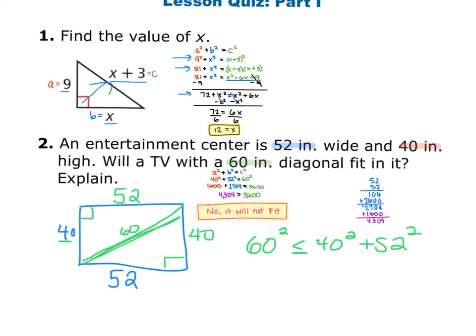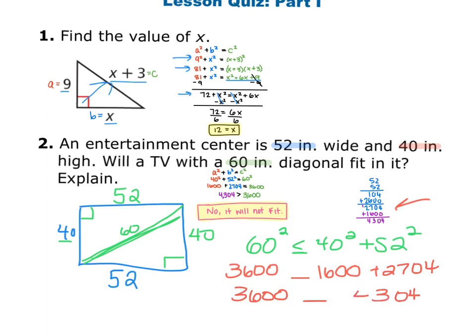So 60 times 60 is 3,600. 40 times 40 is 1,600. And 52 times 52 is 2,704. So 3,600 has what relationship to these? If we add these together, I get 4,304.